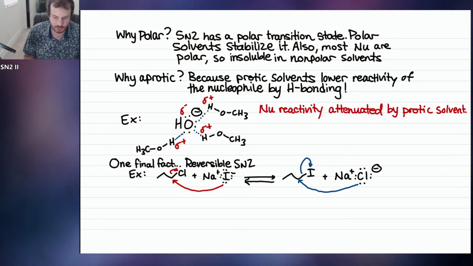And so an equilibrium will be reached, where there'll be a certain amount of starting material and a certain amount of product, and that'll be what it is. Now, oftentimes we would like to push these sort of reactions to one direction, and we can do that using Le Chatelier's principle. I know you guys know what Le Chatelier's principle is. It's when you can push an equilibrium in one direction.